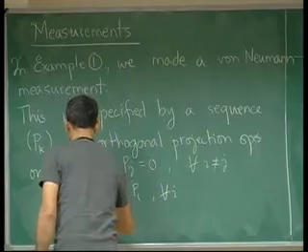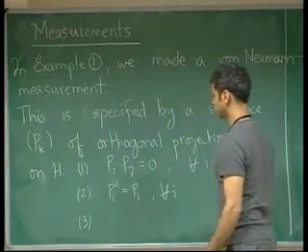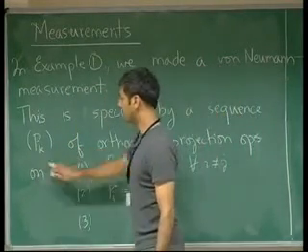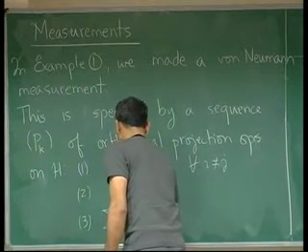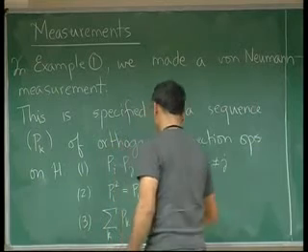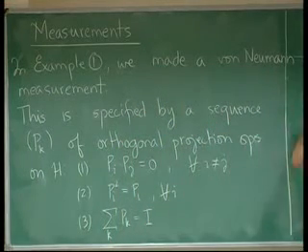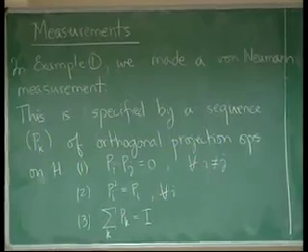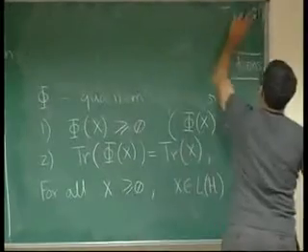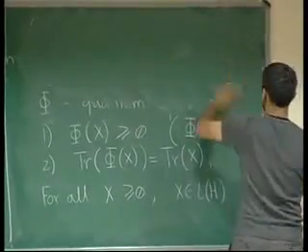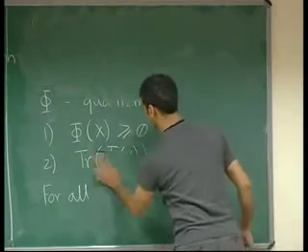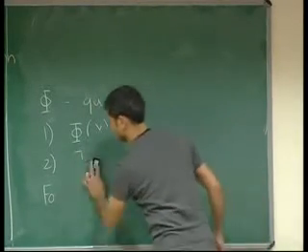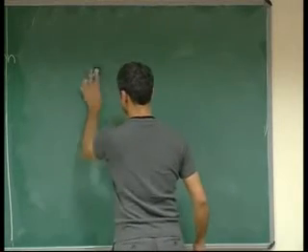And the third property it satisfies is that the sum over k of P_k is the identity on H. Such a sequence is what defines a von Neumann measurement.